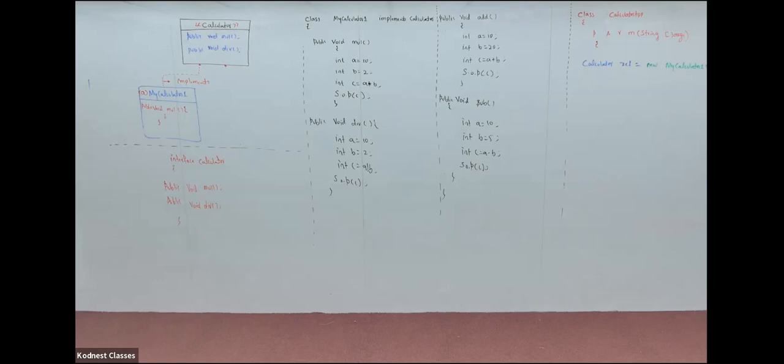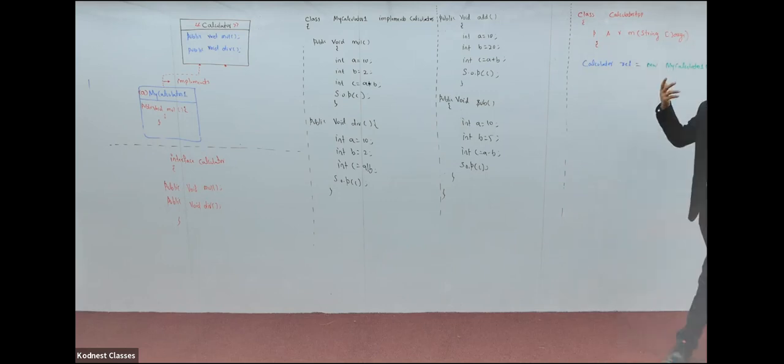So a parent type reference variable can refer to a child class object. What is that concept called? Loose coupling or upcasting. Is upcasting not permitted in Java? Then why are you telling no? Everything you accepted, yes, yes, yes, but you told, sir, this is not permitted. Why is this not permitted? Whatever you are seeing here is parent reference to child class object, which is nothing but upcasting.